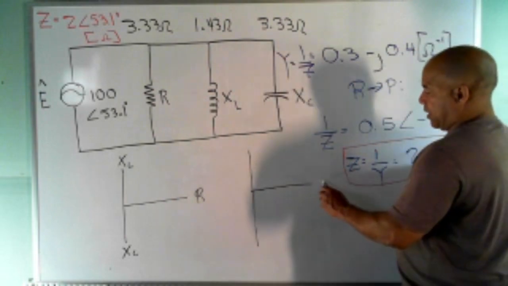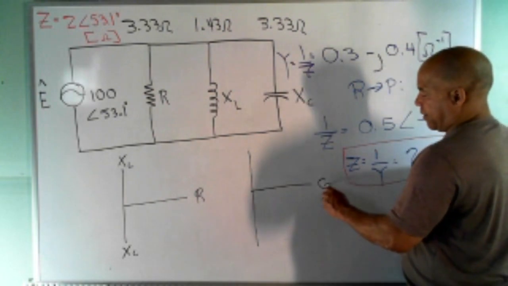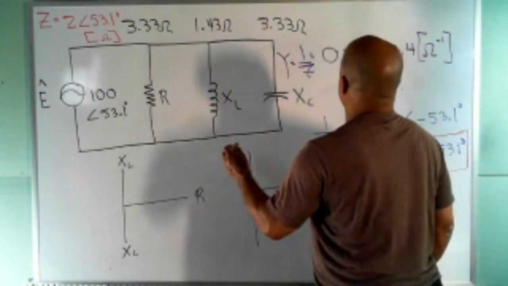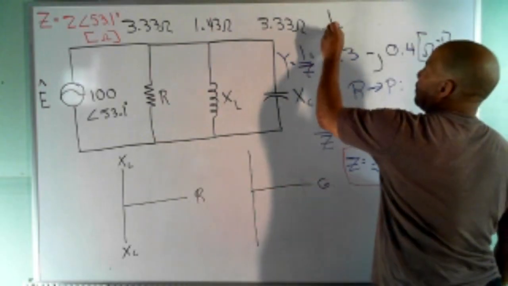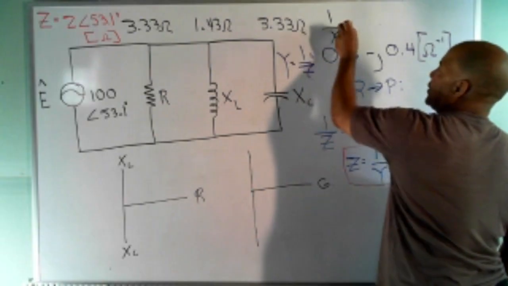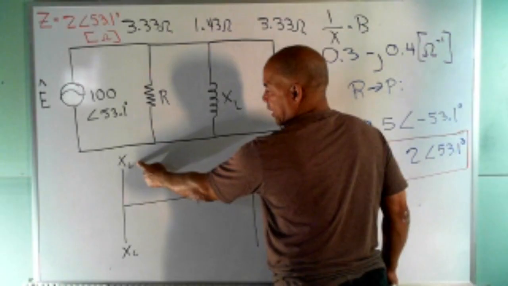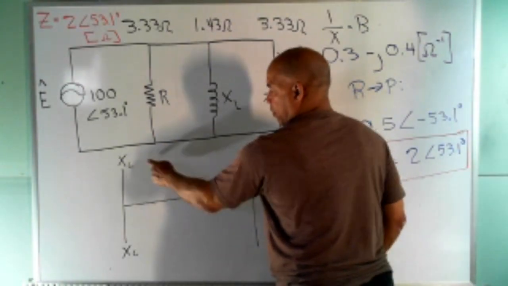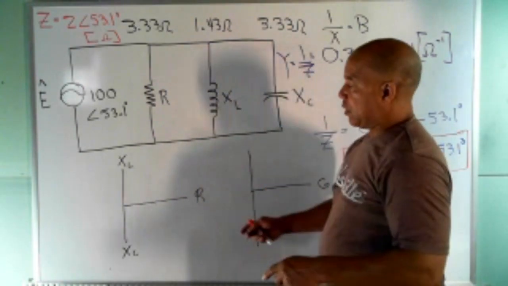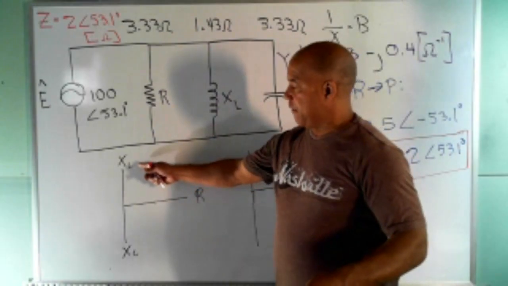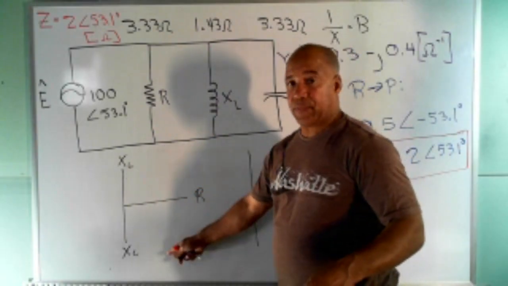For the admittance diagram, this would be G. Now, if you remember, 1 over X is equal to B. So 1 over XL will equal BL. But on this admittance diagram, you're going to reverse the position of the inductor and capacitor.